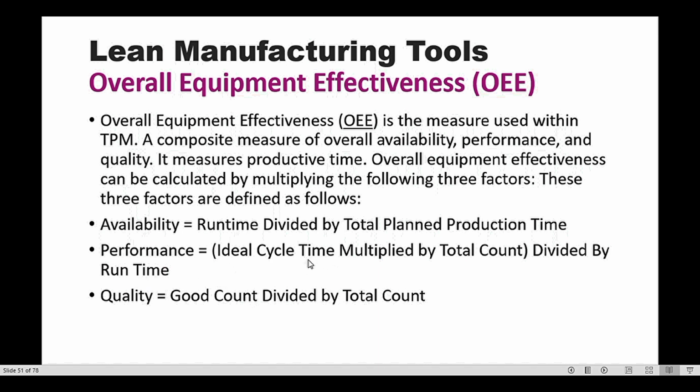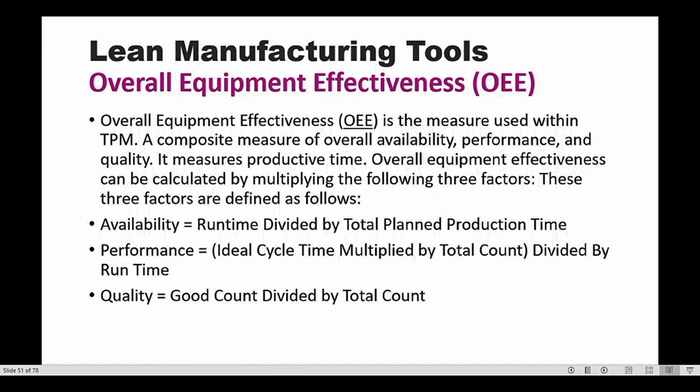By this we can check performance, the number of idle times: 4 times the machine stopped or 4 times the machine slowed down, at 20 minutes each, 20 multiplied by 4, it means 80 minutes of machine slow time, idle time, divided by total shift time. So by this we can measure the performance.